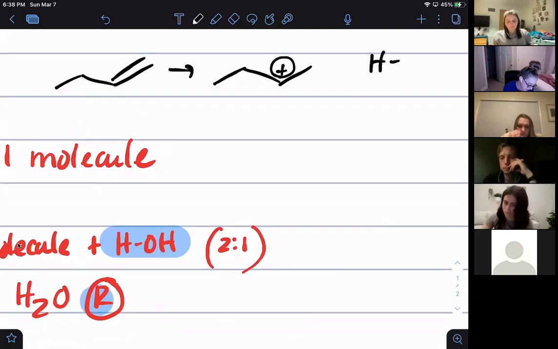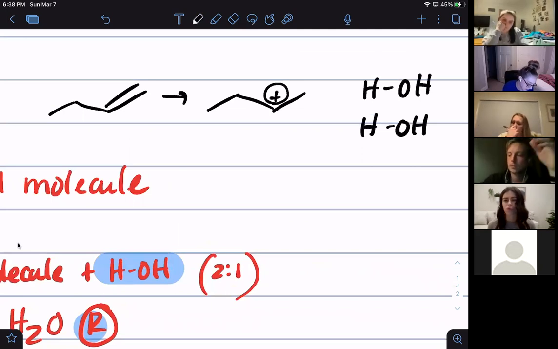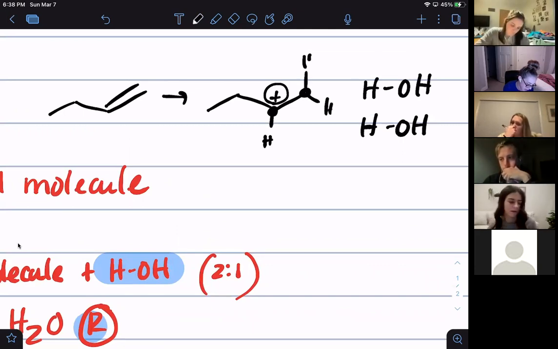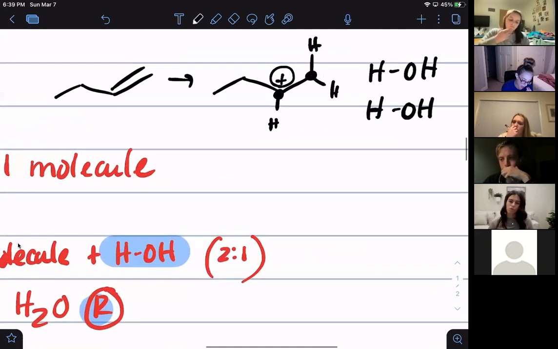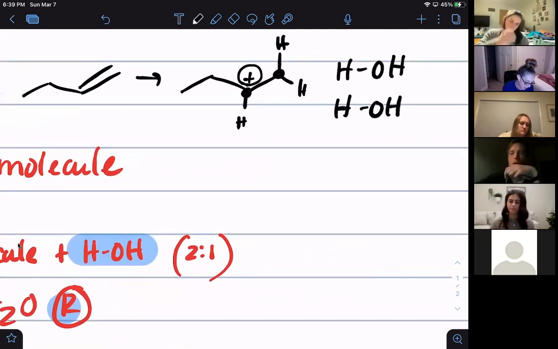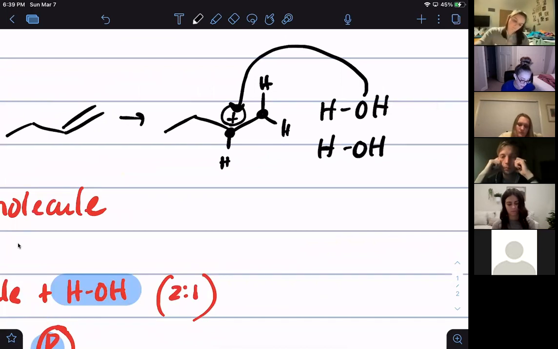Okay, and then remember I have this in solution, and I have a lot of that in solution. So now that I have this carbon and this carbon that lost, this carbon currently has 1 other H to it, and this carbon has 2 other H's to it at this time. And they shared that double bond, which is what made them all happy. But now we have a positive, so this water is going to attach here, and that OH from the water is what makes us the alcohol.